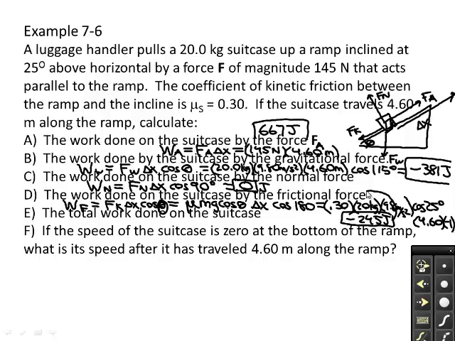Part E is the total work done on the suitcase. So in other words, I'm going to take all of these answers and add them up. So I've got 667 plus 0. Oh, sorry, I forgot. Minus 381 plus 0 minus 245 means we've got 41 joules of positive work getting done.